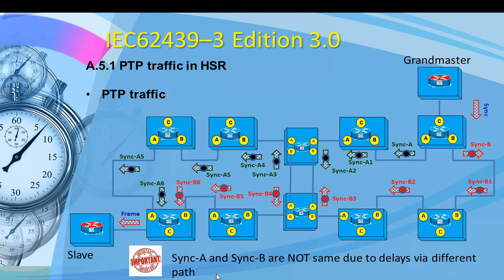This is very important. Sync message A and sync message B are not the same because sync message A may go this way and sync message B goes this way, but the two paths have two different time delays.